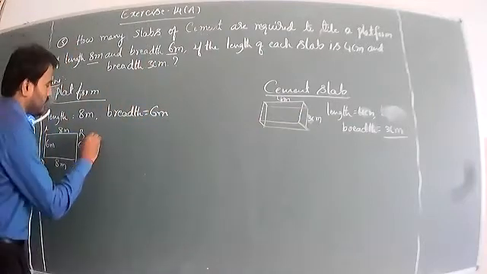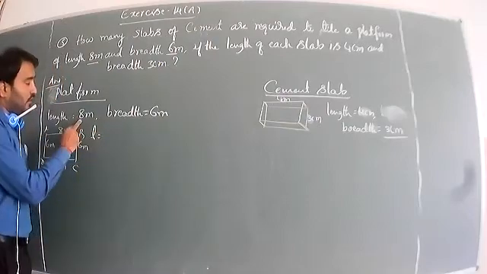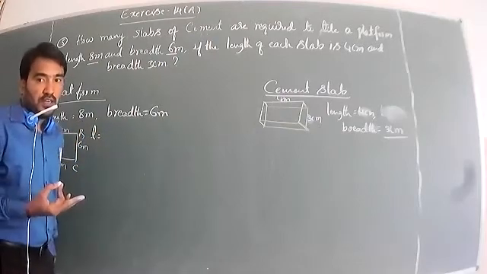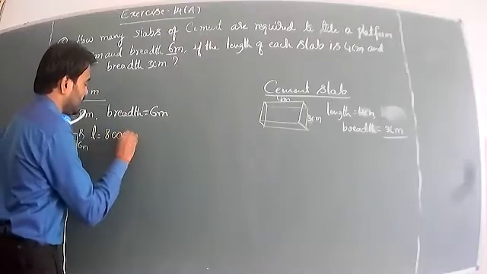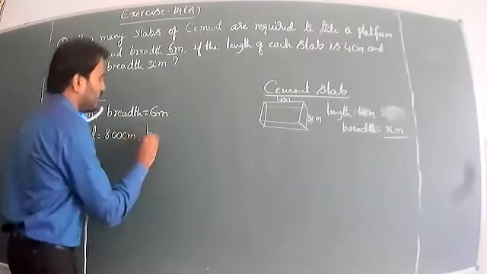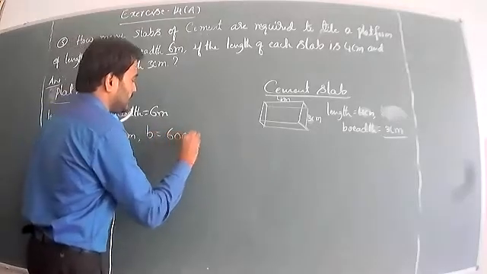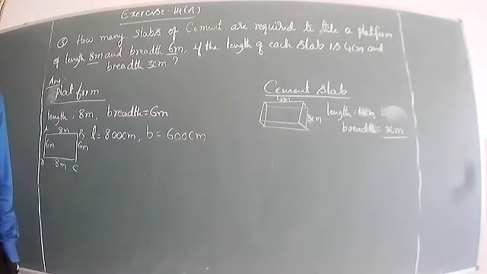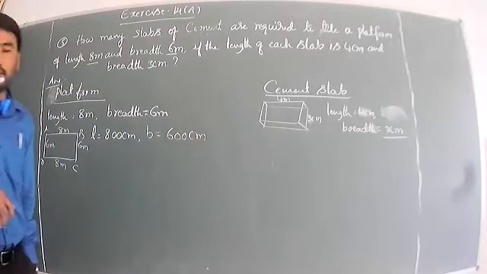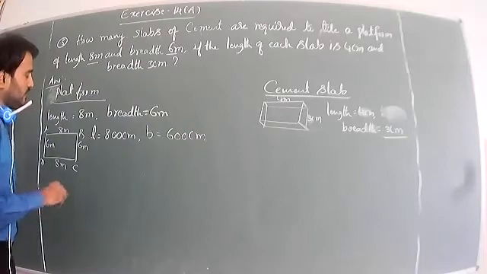So 8 meter, 8 into 100 centimeter, equals 800 centimeter. Then breadth equals 600 centimeter.